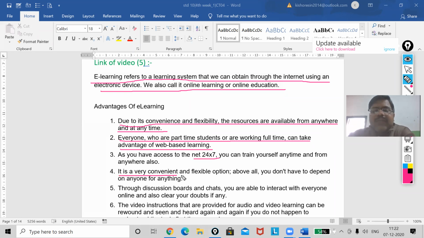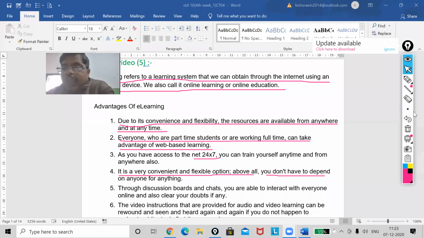It is a very convenient and flexible option. Above all, you don't have to depend. So, your server is never shut down, my dear. At any time you can get the facility 24 into 7. It shows 24 hours. Understood?